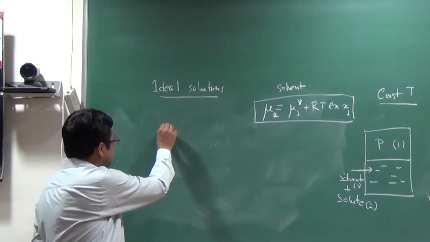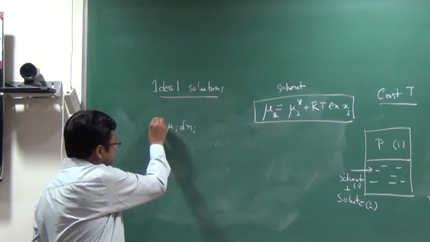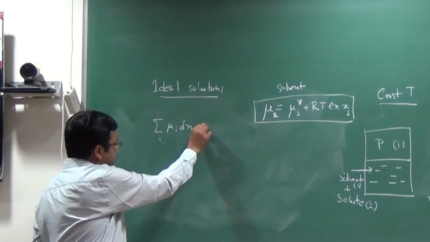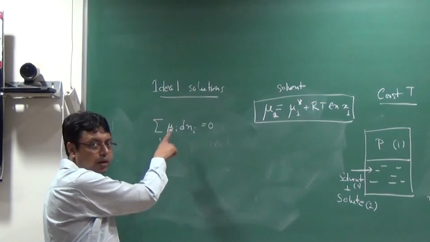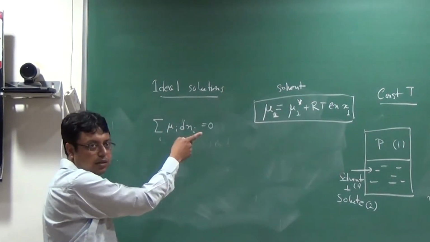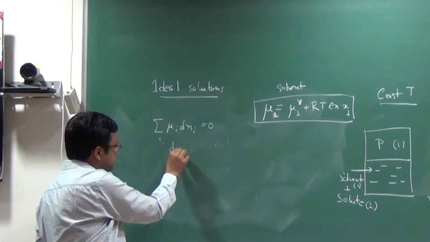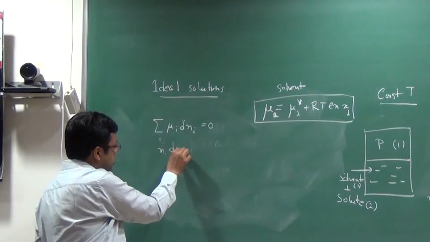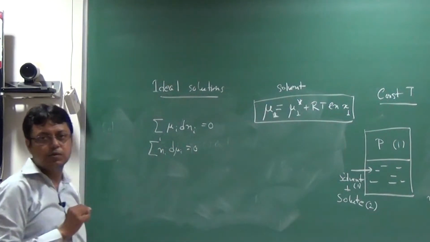Just to remind you what we did: at equilibrium, this was basically 0, right? Then we integrated it and got mu i into ni. Again differentiated it, and since this part is 0, we wrote the sum of ni dmu i as 0. That was the Gibbs-Duhem equation.